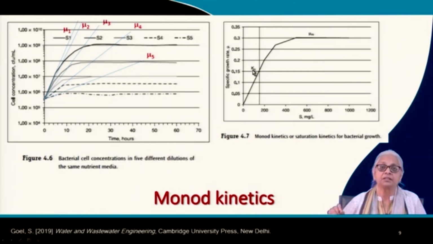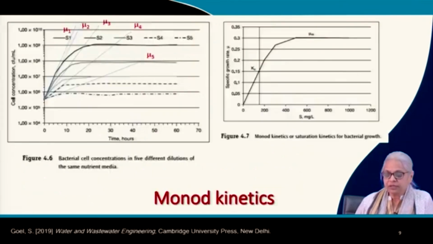Ks is defined as the half velocity constant, which is the substrate concentration at which the specific growth rate is exactly half of mu max. So here we have mu max equal to 0.3, half of that is 0.15. What is the corresponding substrate concentration? And that is what you see over here, and that value is Ks, K subscript S.